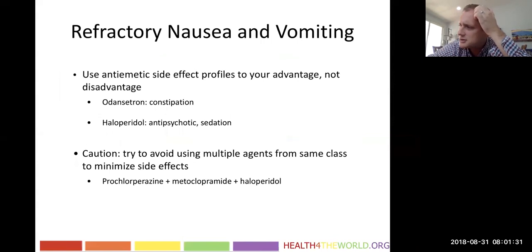A common side effect of ondansetron is constipation. So in patients that are on opioids for their pain, say a cancer patient, who also have some constipation and now they're nauseous, we will sometimes use it, but in general, I would try to avoid ondansetron because it will significantly make their constipation worse. Another example is if you have a patient that's very nauseous and is maybe teetering on delirium or is very, very anxious, haloperidol could be very helpful for you because it's relatively sedating.